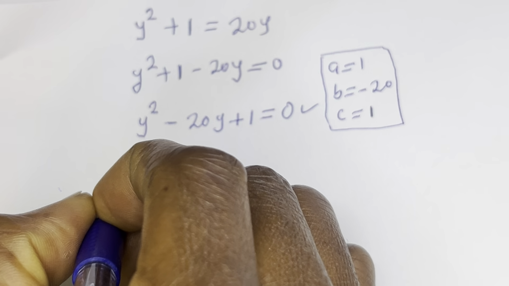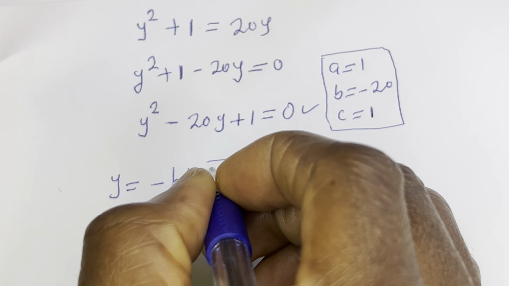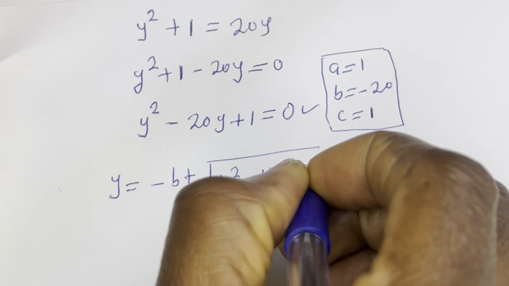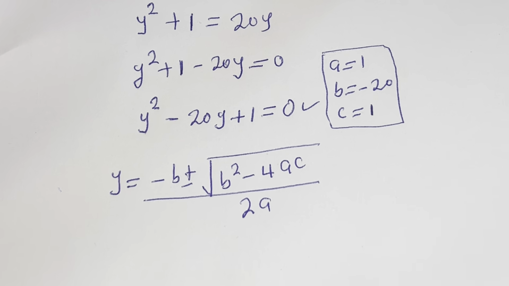Then we have y is equal to minus b plus or minus square root of b squared minus 4ac, over 2a.